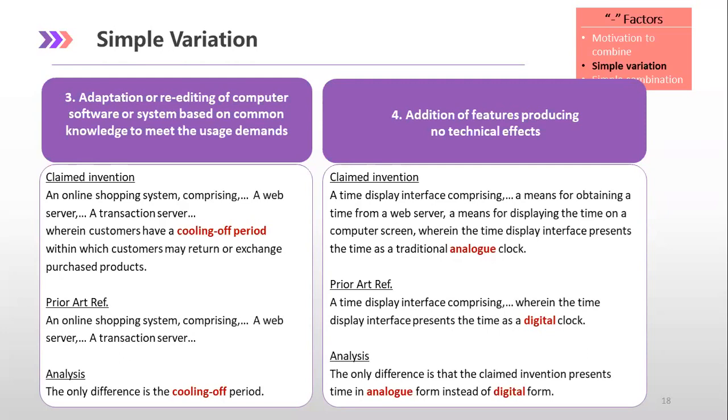It is only introducing common knowledge, so it wouldn't help. For the case on the right, the only feature is to change the style of the clock from digital form to analog form. It apparently produces no technical outcomes, so it is just a simple variation.